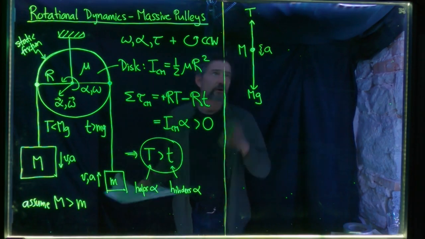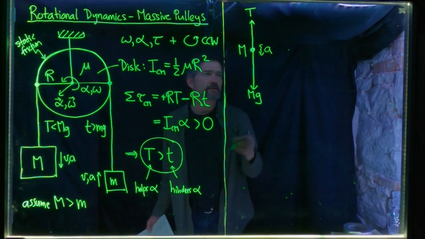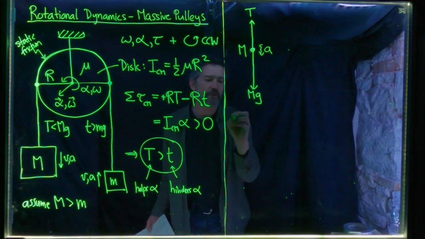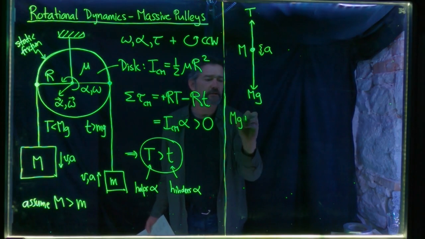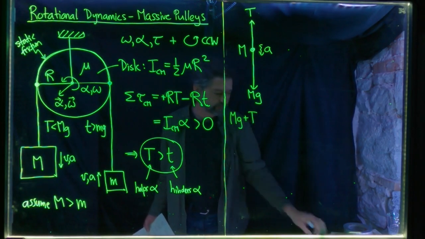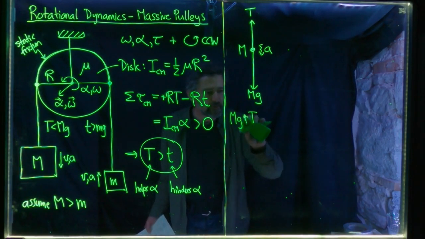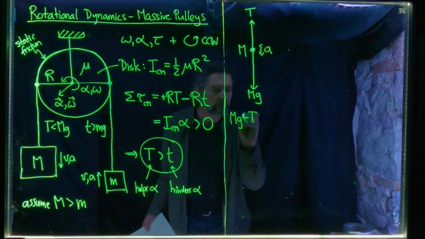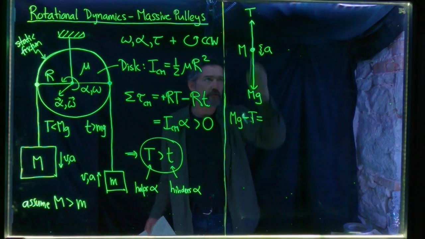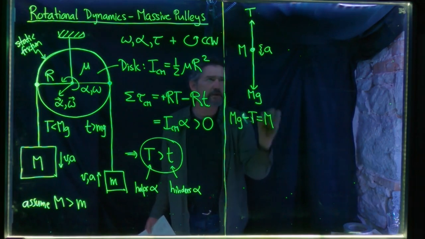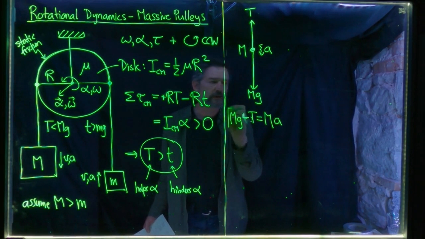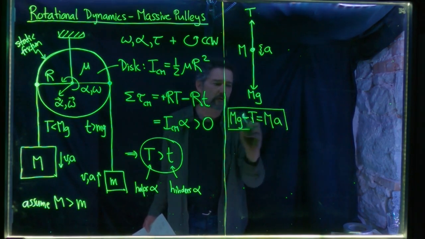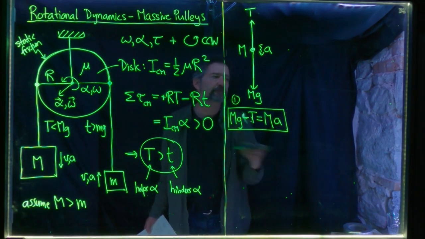Okay, and Newton's second law applied to this says, well, the net force in the downward direction is Mg minus the tension capital T, and so that net downward force is the inertial mass of the object times its acceleration downwards. Okay, so we will call this equation number 1.